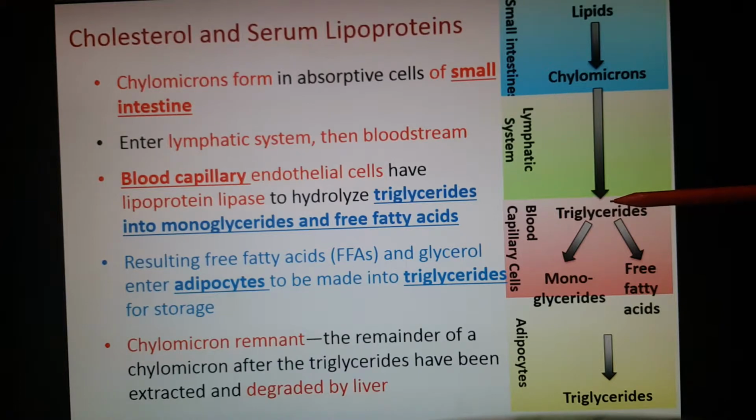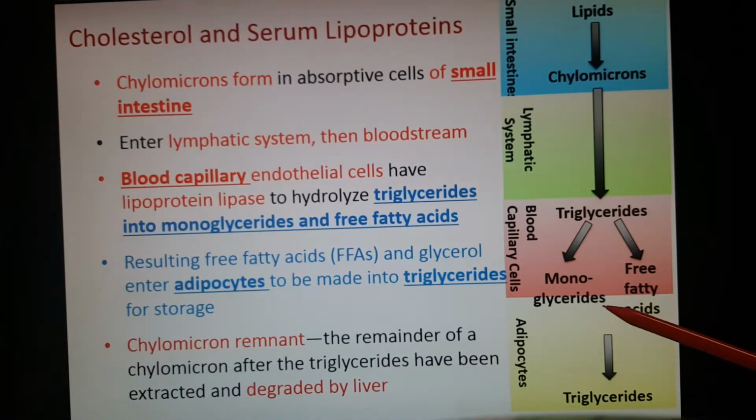And when they are absorbed by the blood capillary cells, there is an enzyme called lipoprotein lipase that hydrolyzes, or breaks apart, the triglycerides into monoglycerides and free fatty acids. So it's taking off those free fatty acid chains that are on the outside of that triglyceride molecule.